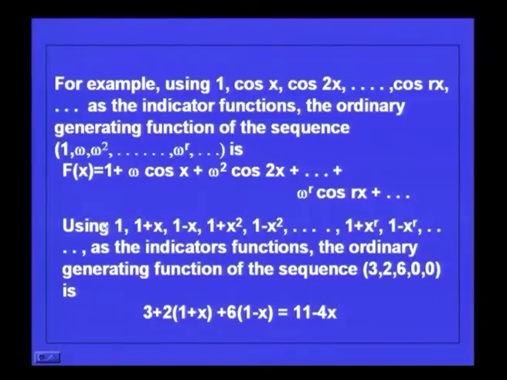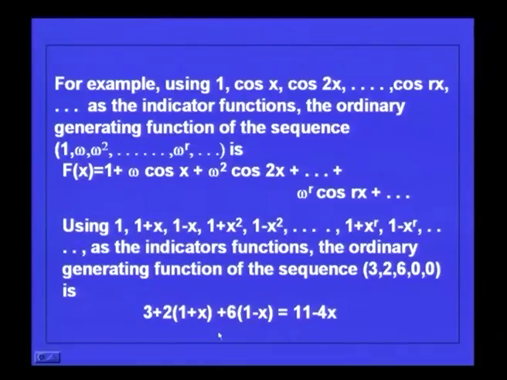Let us see, using 1 plus x, 1 minus x, 1 plus x squared, 1 minus x squared, etc., that is, (1 plus x)^r and (1 minus x)^r as the indicator functions, and suppose you take the sequence 3, 2, 6, 0, 0. What will be the ordinary generating function? 3 into 1, 2 into 1 plus x, 6 into 1 minus x, 0 into 1 plus x squared, 0 into 1 minus x squared, that is 3 plus 2(1 plus x) plus 6(1 minus x).